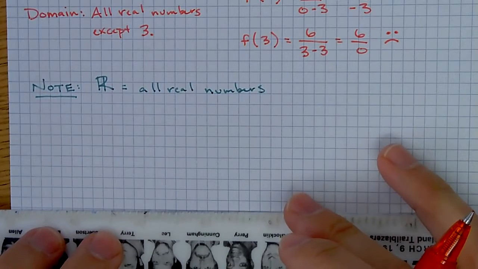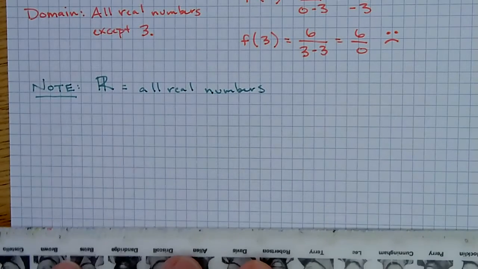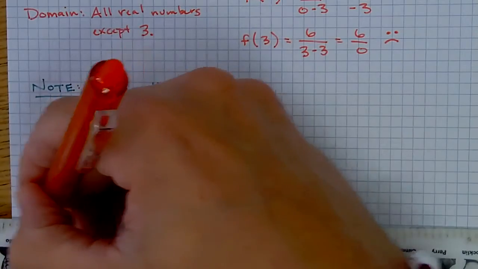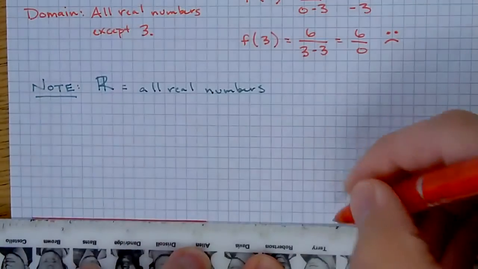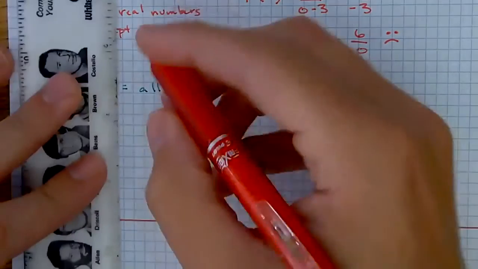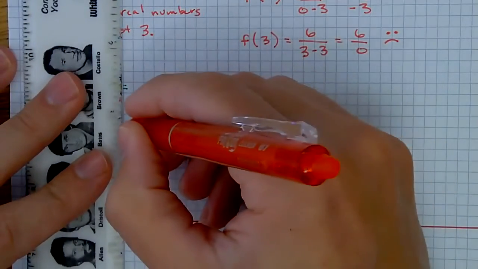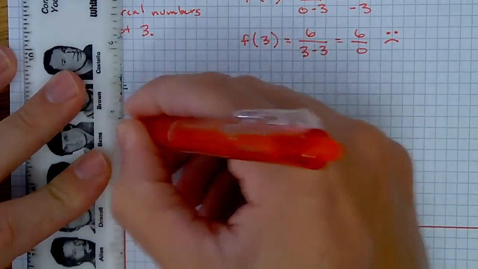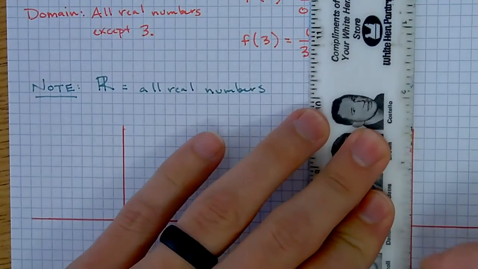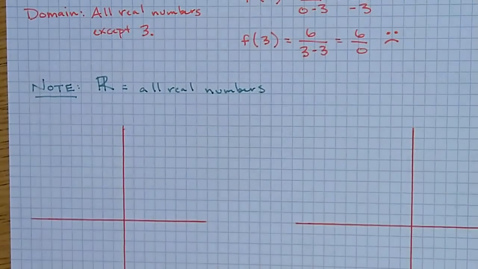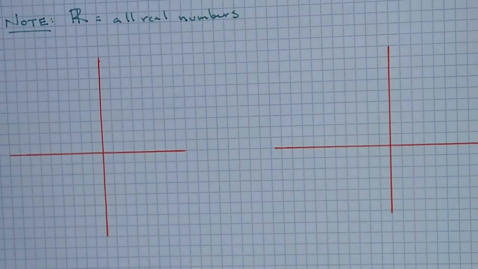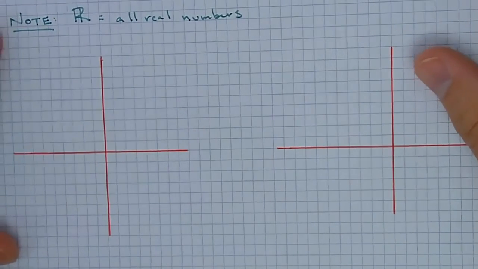Okay, so for the most part, we're going to be taking a look at graphs when determining the domain and range. Okay, so I'll show you a couple different examples. Okay, if you don't have graph paper, it's going to make it a little difficult.